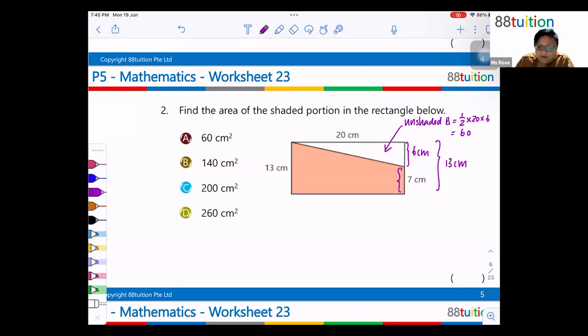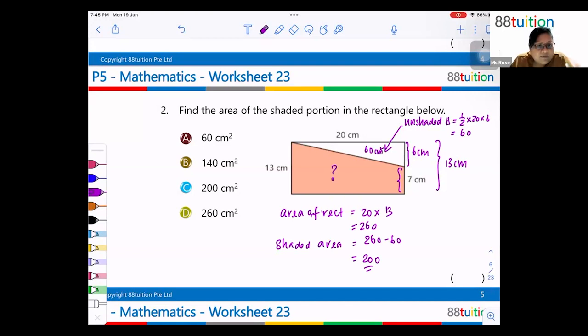The area of the rectangle would be 20 times 13, length times breadth, which is 260. So the shaded area, thank you Giselle, will be 260 minus 60 to give me 200 cm squared. So if this is 60 cm squared and you want to find this area, you just have to subtract from the rectangle itself.